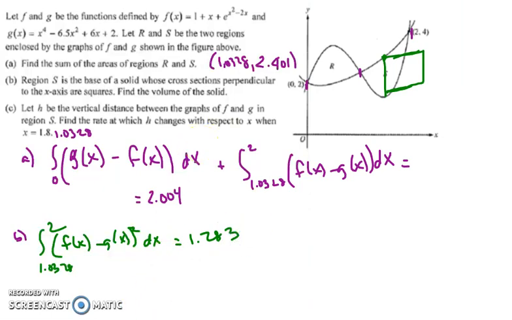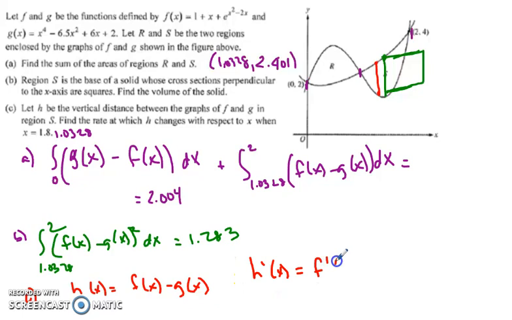And then part C of this question says, if h is the vertical distance between the graphs of f and g in region S, so right here, f minus g, then find the rate at which h changes with respect to x at x equals 1.8. So you have h equals f minus g, which means h prime equals f prime minus g prime.